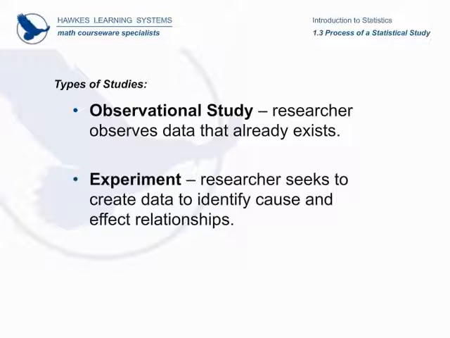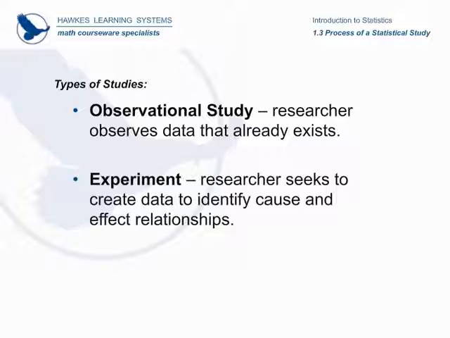We can also have a type of study called an experiment, and that's where the researcher seeks to create data to identify cause and effect relationship. Something happens that causes an effect. So those two things have a relationship. And that's an experiment where you manipulate or change something.